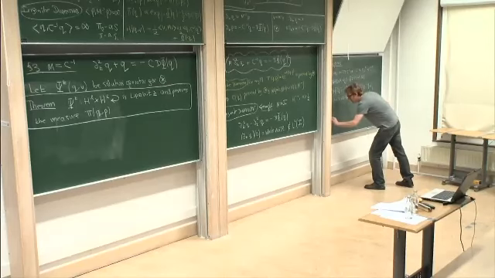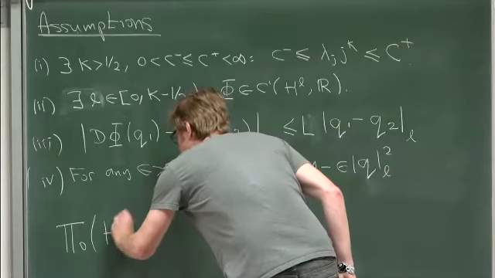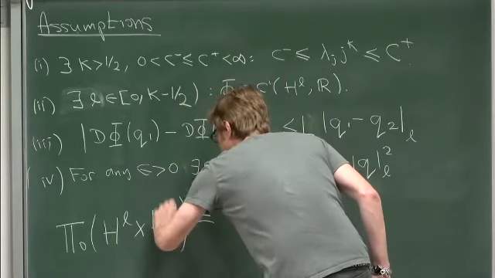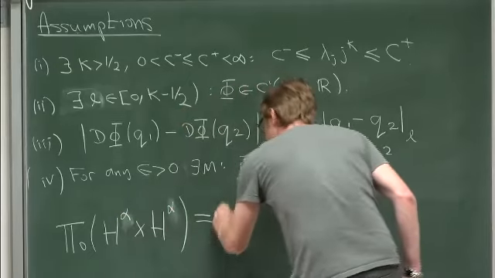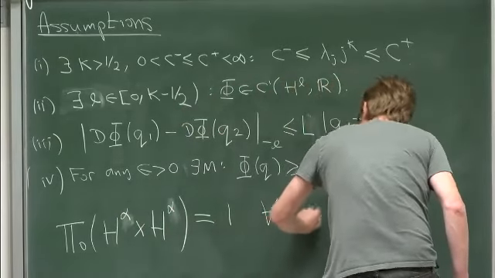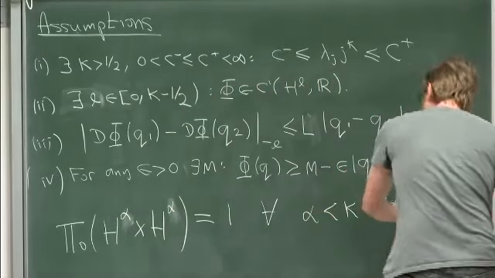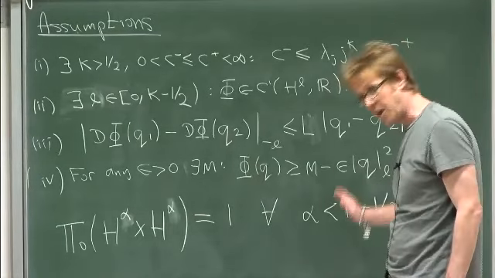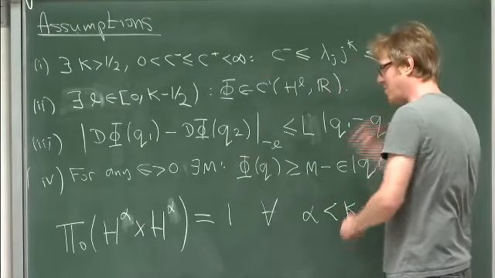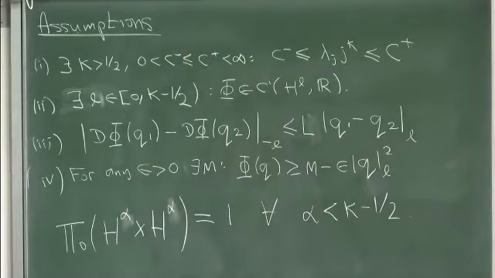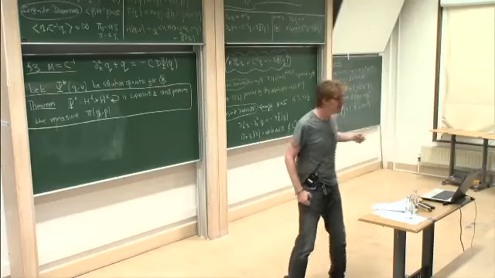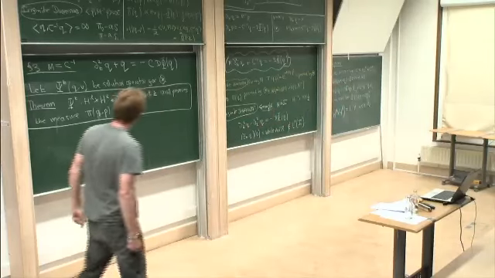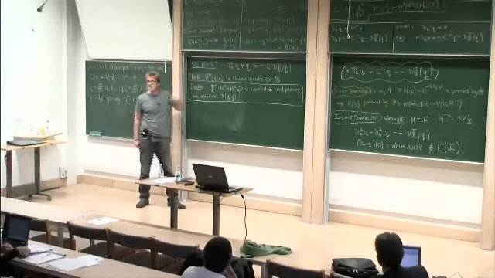Pi 0 of H alpha cross H alpha is equal to 1 for all alpha less than k minus a half, and it's 0 if I go above, from k minus a half upward, it's 0. That's exactly why this index L is chosen in that way. Thanks. So this is a natural space on which to write this down.